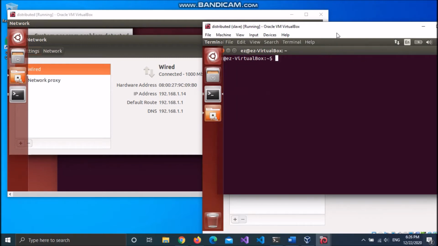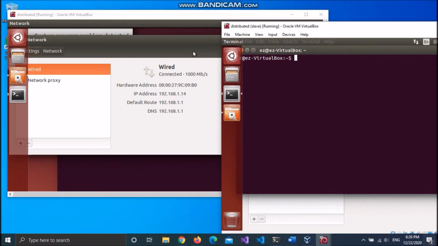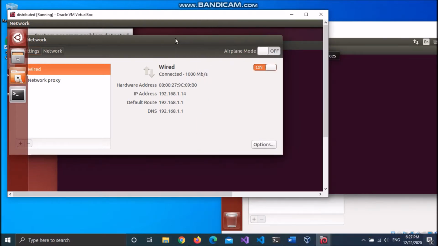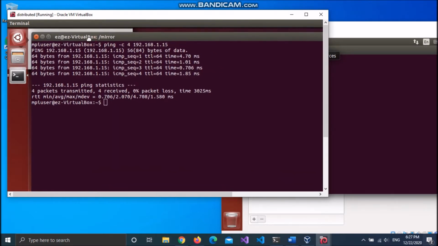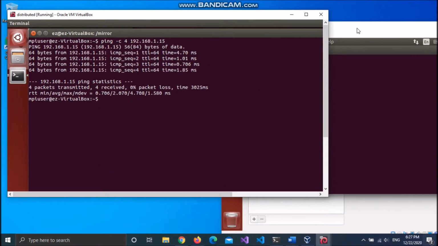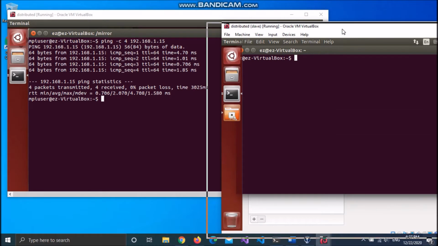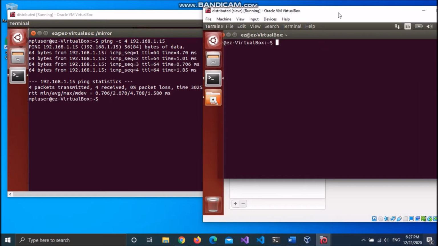Now that is established, one of the other things needed for setting up the distributed environment is that both machines must be able to connect with each other using SSH.